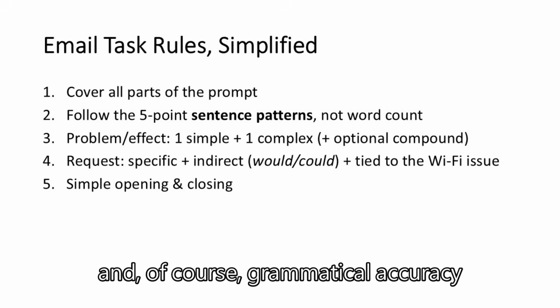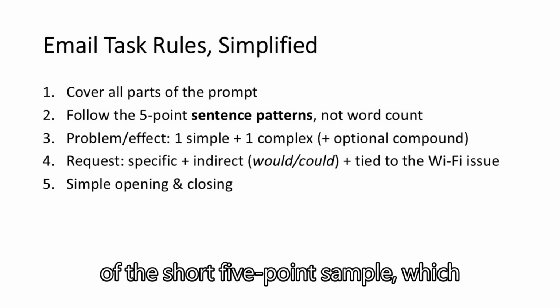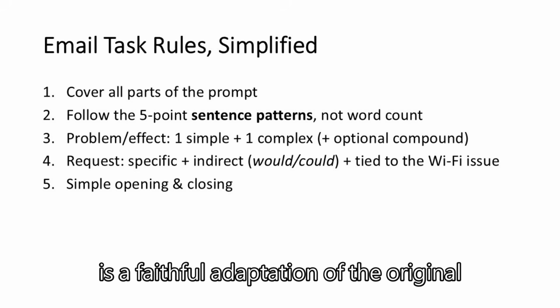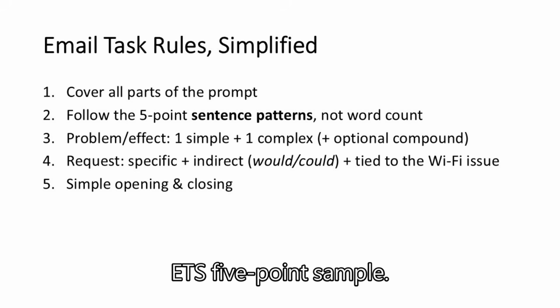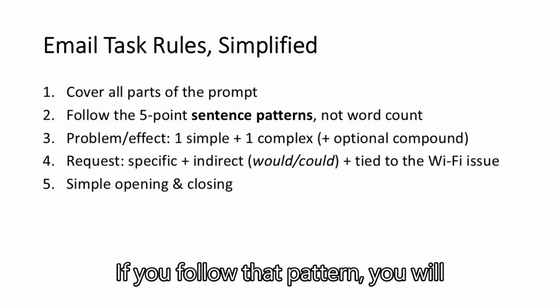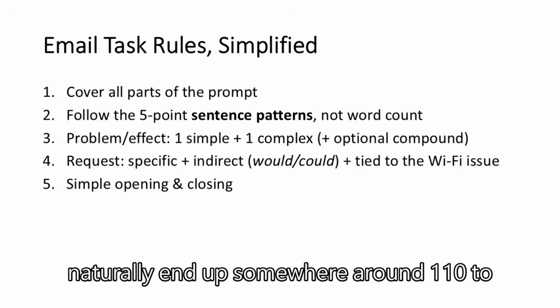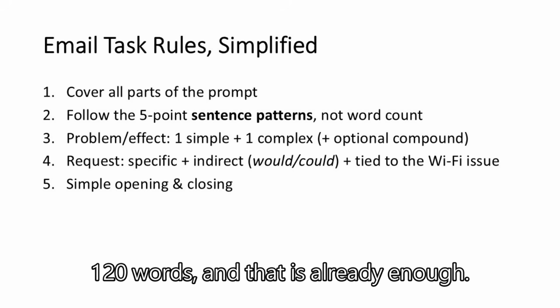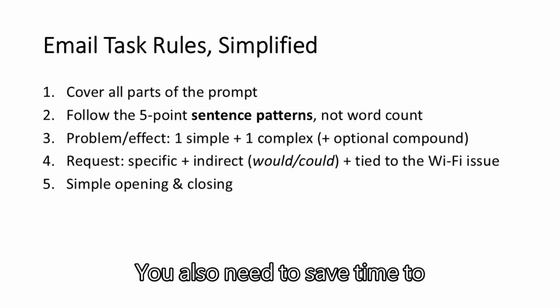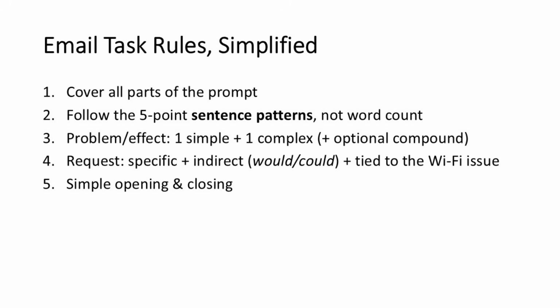and, of course, grammatical accuracy, of the short 5-point sample, which is a faithful adaptation of the original ETS 5-point sample. If you follow that pattern, you will naturally end up somewhere around 110 to 120 words, and that is already enough. You also need to save time to check your grammar.